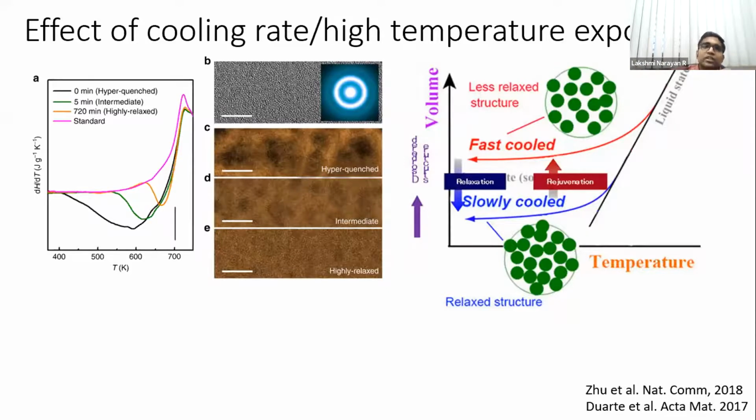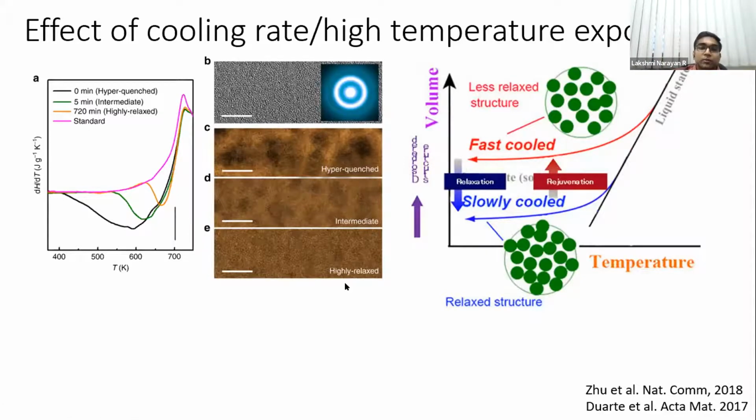So if you see, when you keep increasing the relaxation time, the size of this well keeps decreasing, which means that the material is becoming more and more relaxed, or you could say the free volume has reduced. The same picture is on the right hand side. You can see that the black spots have reduced from a hyperquenched material, which is very fast cooling, to a material which is highly relaxed.